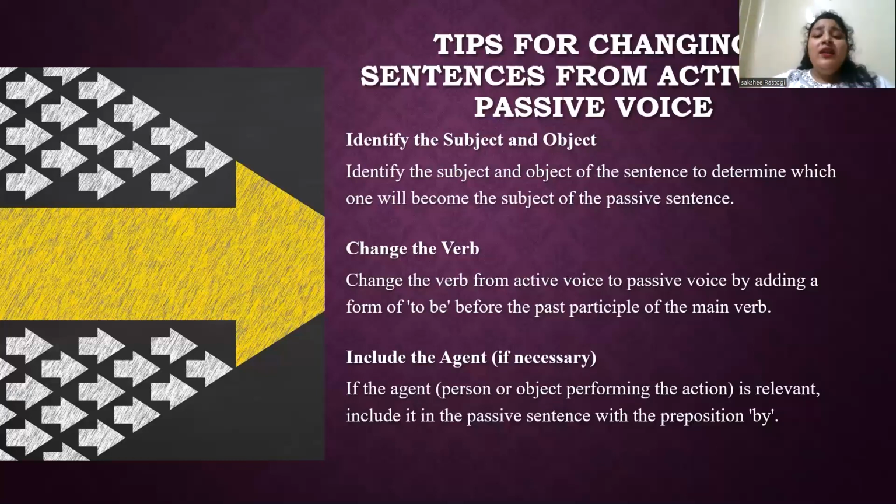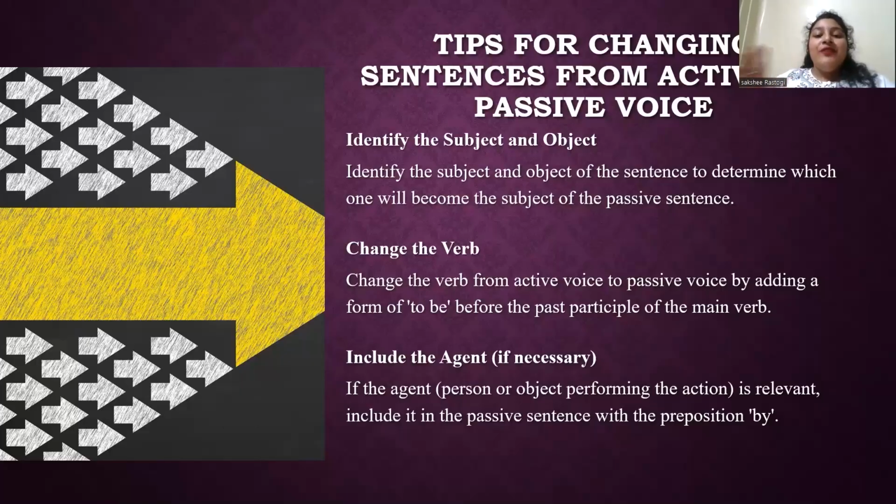So including the agent with by helps clarify who performed the action, even though the focus is on the recipient of the action. Here I have some tips regarding this. Use by to introduce the agent, the one who is performing the action. The agent is not always necessary, especially if it's unknown or unimportant.